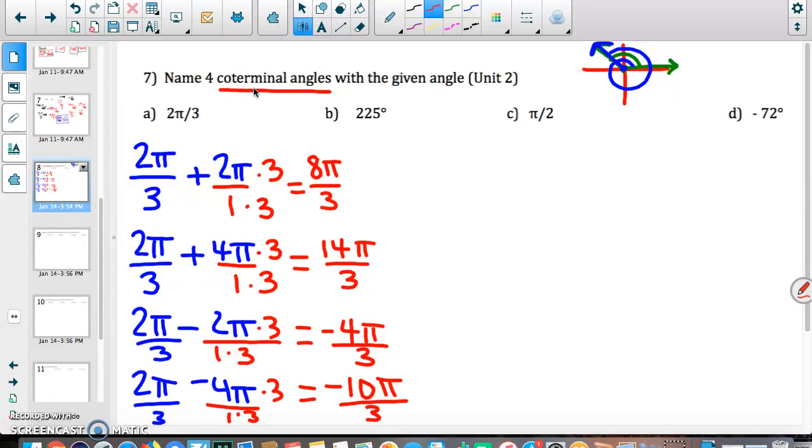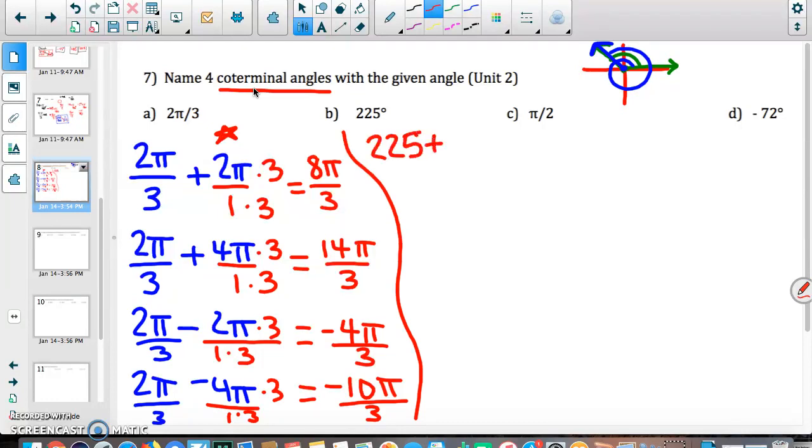Now, when I was doing this problem with some of you in class, some of you didn't like all of this jazz here. So if you wanted to convert that into degrees, that would be another way of thinking about it, because it's just a little bit easier, obviously.